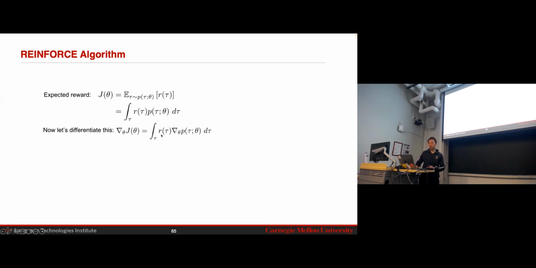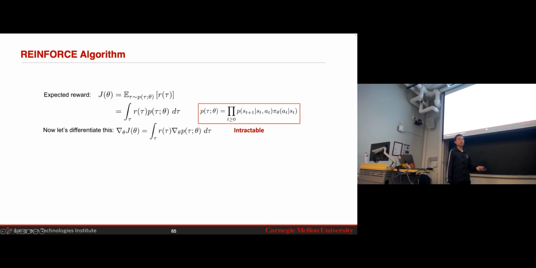So the reward is just some scalar value. So that goes inside. But this is the hard part. The hard part is how do you compute a gradient with respect to how likely the trajectory happened. And if you recall, how likely the trajectory happened is this very complex multiplication, right? You have essentially at every step, the probability of you taking that action and also the transition probability.